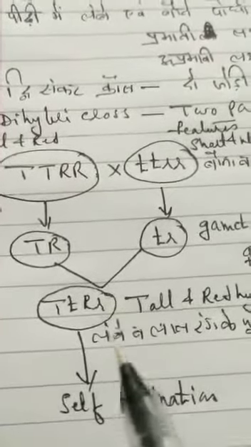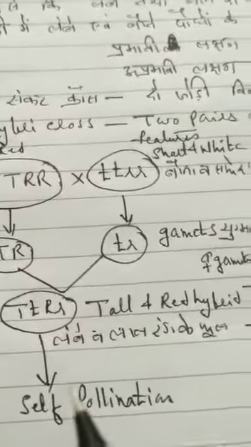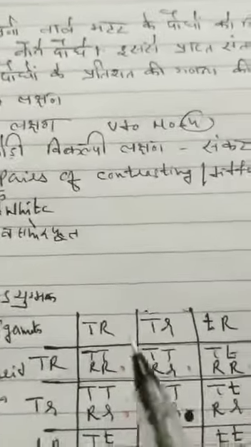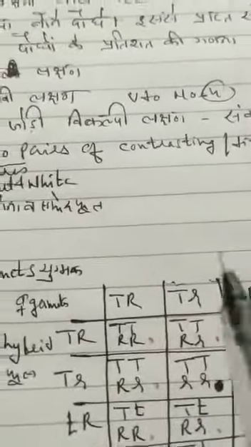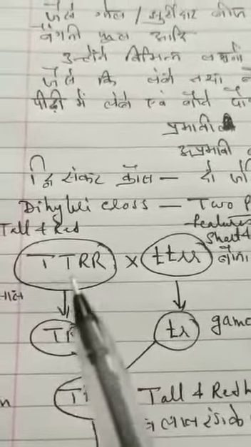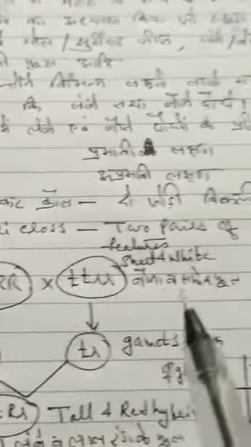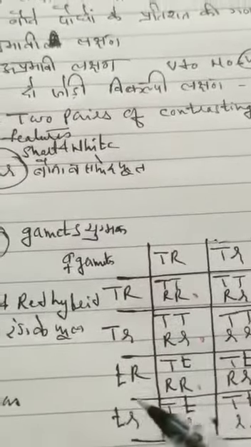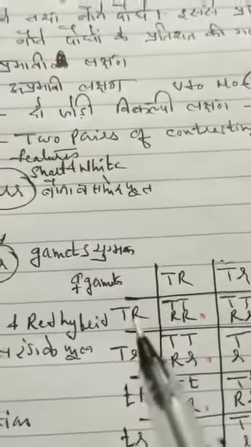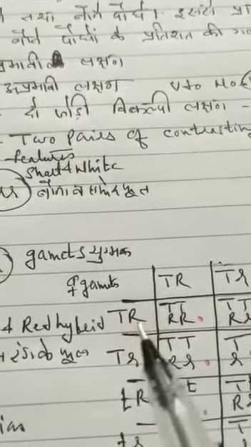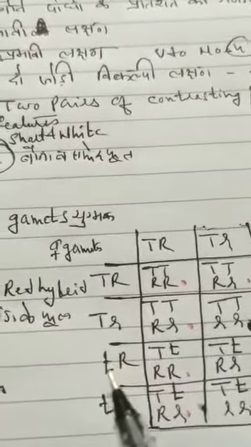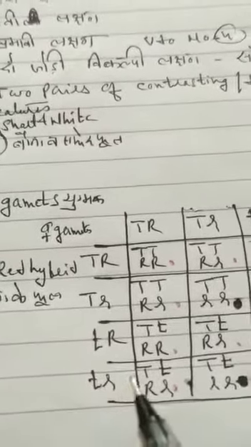When this hybrid variety is allowed self-pollination in the next generation, we will draw the checkerboard. Here you will see that there are two pairs of contrasting features, therefore the probability of gamete formation is of 4 types. The gametes may be tall and red, tall and white, dwarf and red, and dwarf and white.